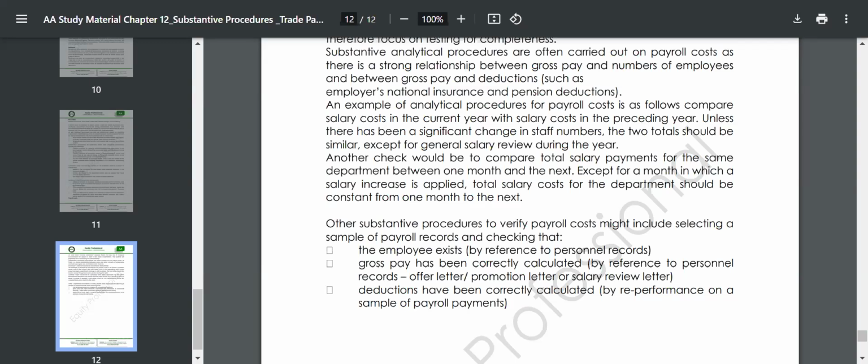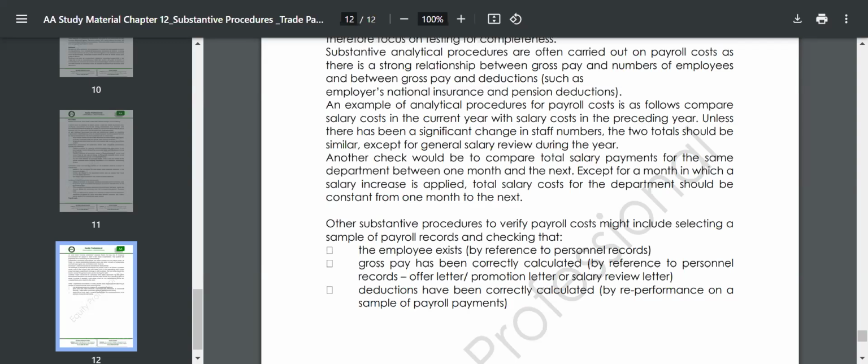If you look at this substantive procedure, there are 3 or 4 steps that are common to all. Obtaining the list of what you want to test, verifying the amount of the list you are testing, and confirming the list as against the figure reported either in the financial statement or in the book of account of the entity.